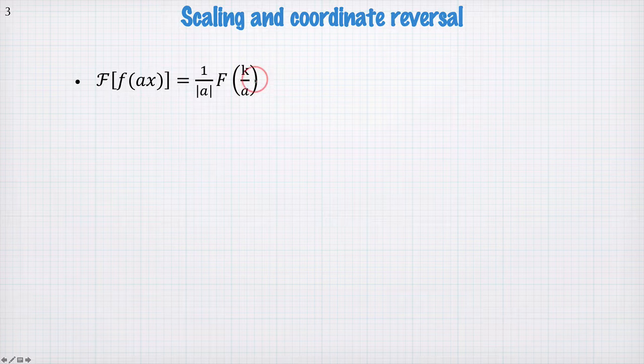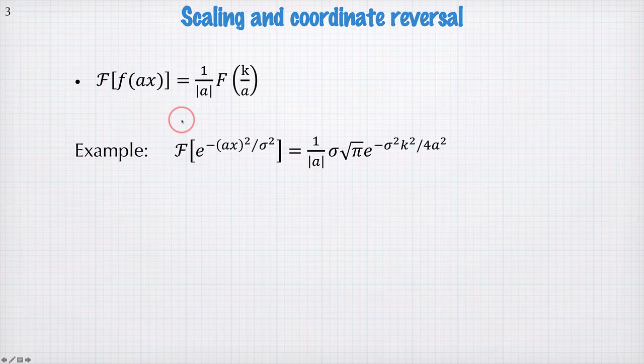In the frequency or Fourier domain here, which is k, going from x to k, the k coordinate is scaled by 1 on a, and the magnitude of the Fourier transform is scaled by 1 on the absolute value of a. So for example, if we have a Gaussian here where the x-coordinate is scaled by a, then the magnitude is scaled by 1 on a, and this k up here is scaled by 1 on a, which gives us a factor of a squared here, along with this 4.